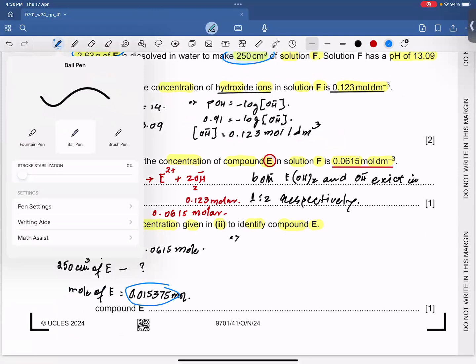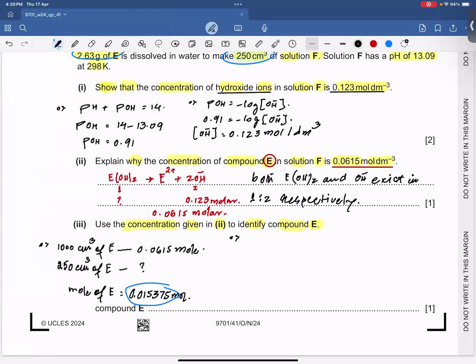In the second step, I know the mass, I know the moles, I can find the MR. So mass is basically 2.63 divided by 0.015375.